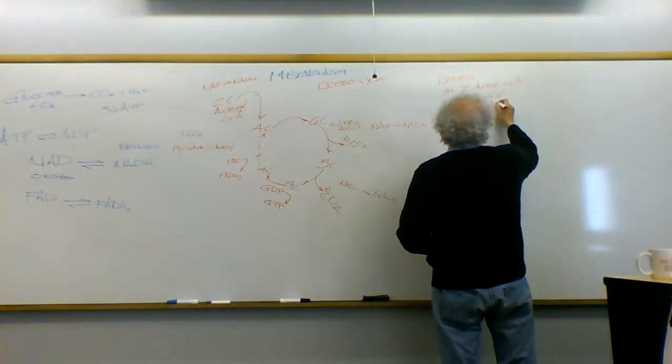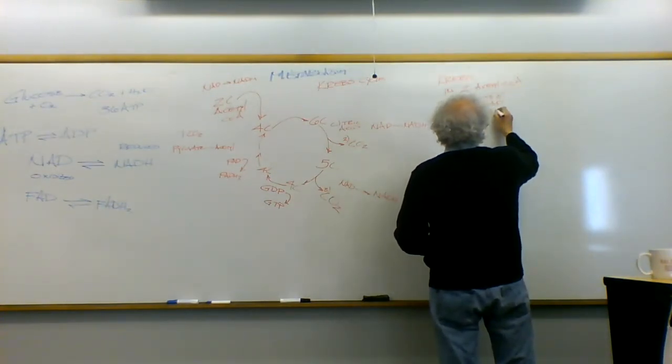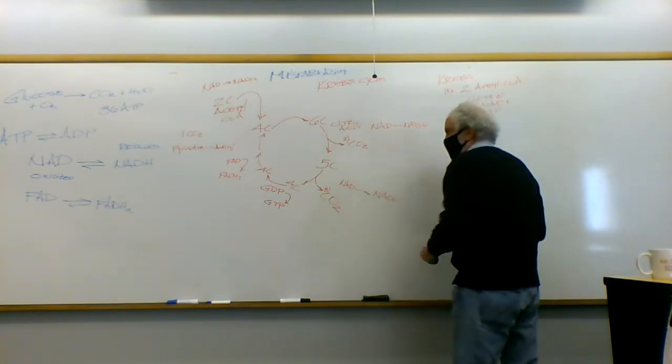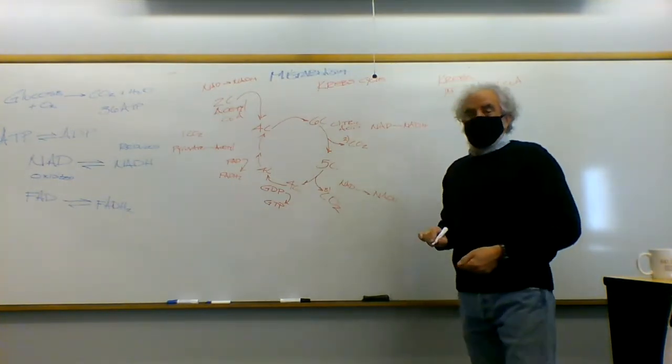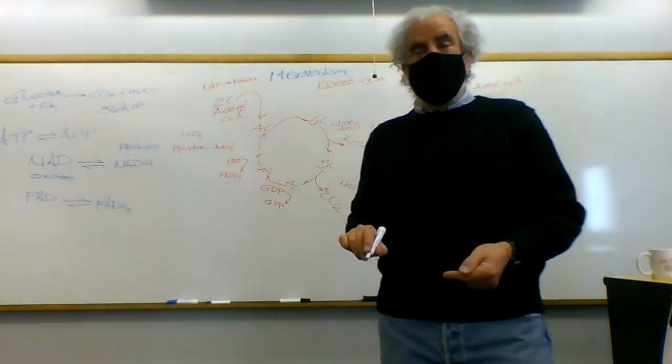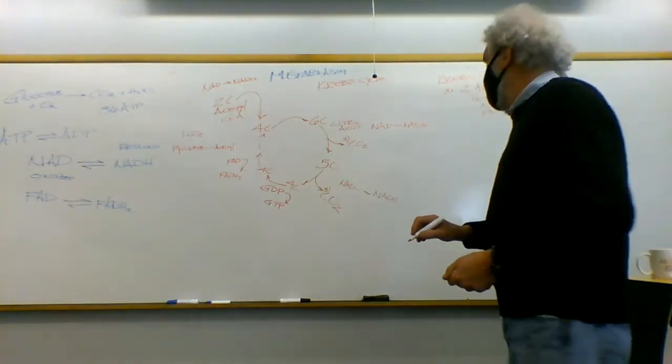And we can count them up, but let me just say, what goes in is lots of NAD and FAD. Well, 1 FAD. But the main point of this is you're going to need a lot of oxidized electron carriers.